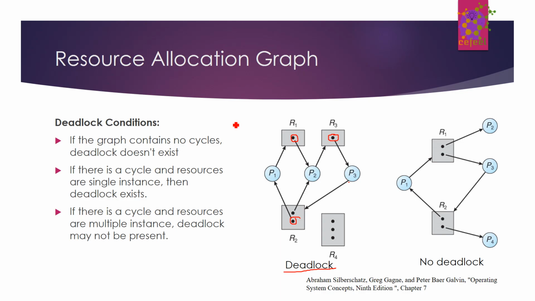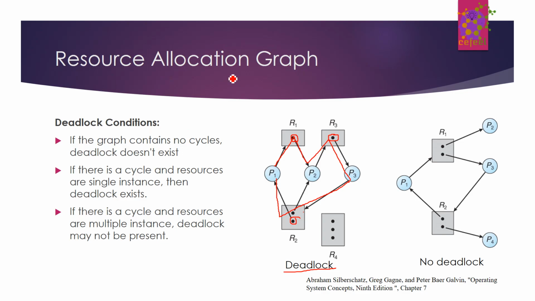P3 is waiting for R2, P2 is waiting for R1 and R3, and P1 is waiting for R1 to be allocated. So there is actually a cycle which is more or less like this. So this is the cycle.